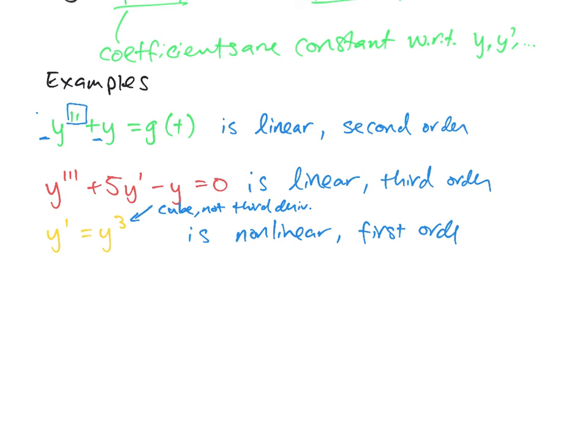One reason that we really make this distinction is that linear equations end up being way easier to solve. And just like you know exactly how to solve a linear equation in algebra, you just figure out where the line crosses the axes.